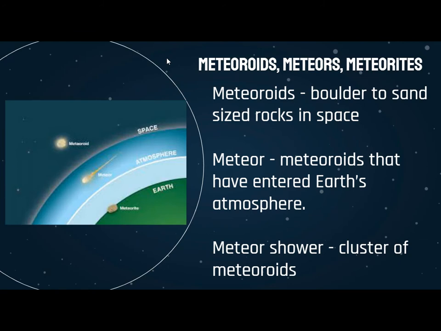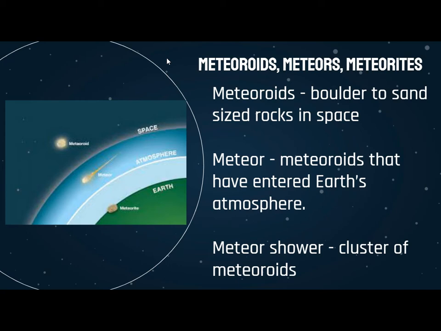So meteoroids, meteors, and meteorites. Basically, they're all rocks. All right? And it all depends on where they are as to what they're called. Meteoroids are in space.